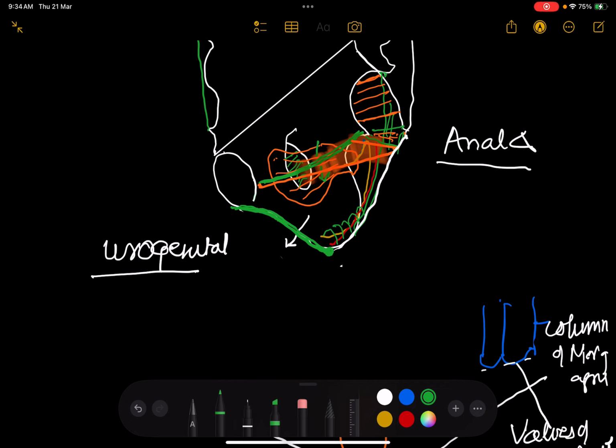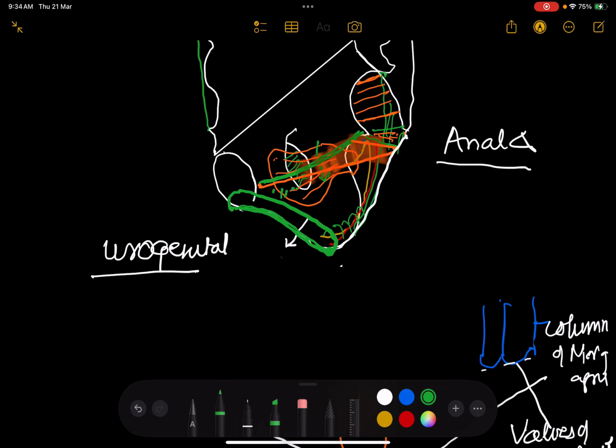There is a superior fascia of the pelvic diaphragm, like this, and this space between the levator ani and the superior fascia is the anterior recess of the ischiorectal fossa.